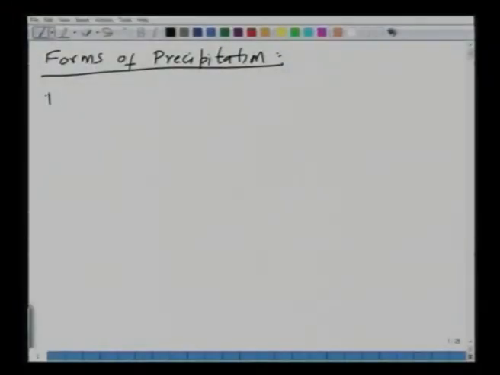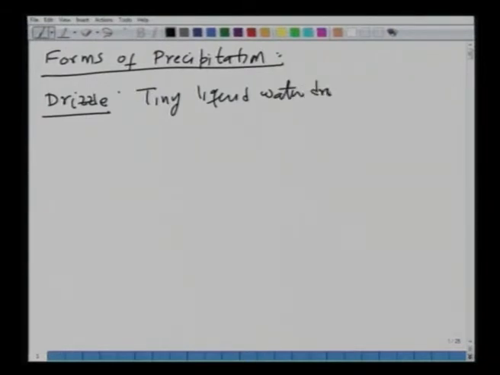All right. So, we will start with what is called drizzle. Which are nothing but tiny liquid water droplets, which are of the size of less than 0.5 millimeters. Okay.